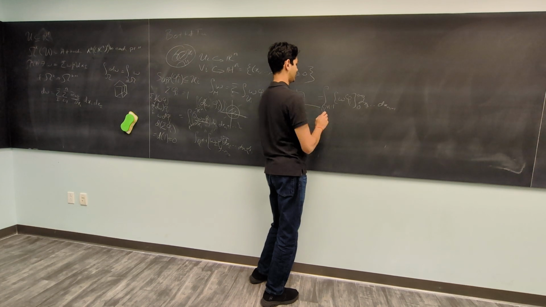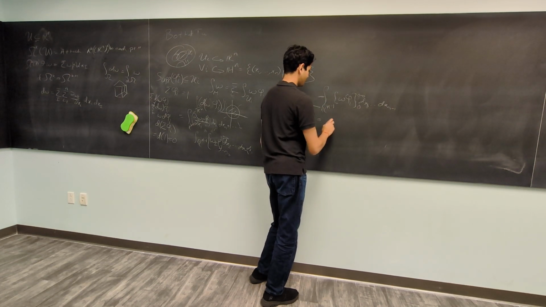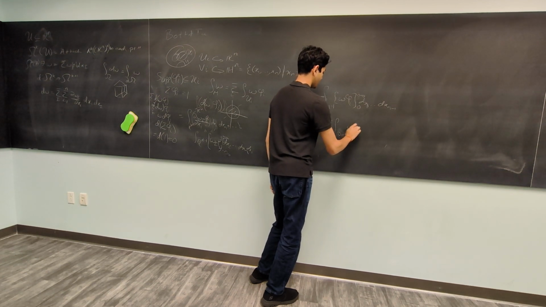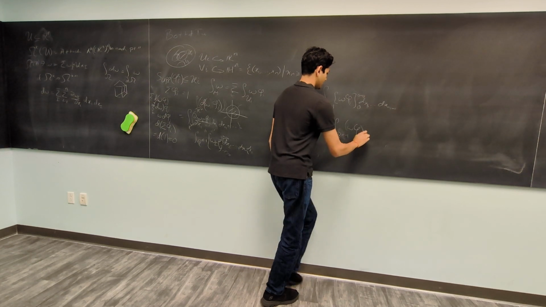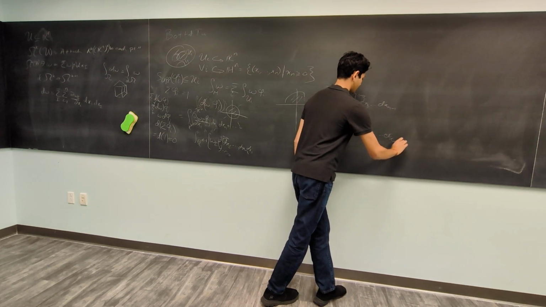There's probably some sign that shows up somewhere, so I'm just going to put that in there. And then this ends up giving you the integral over these R^(n-1) of omega times phi i, dx1 to n minus 1.